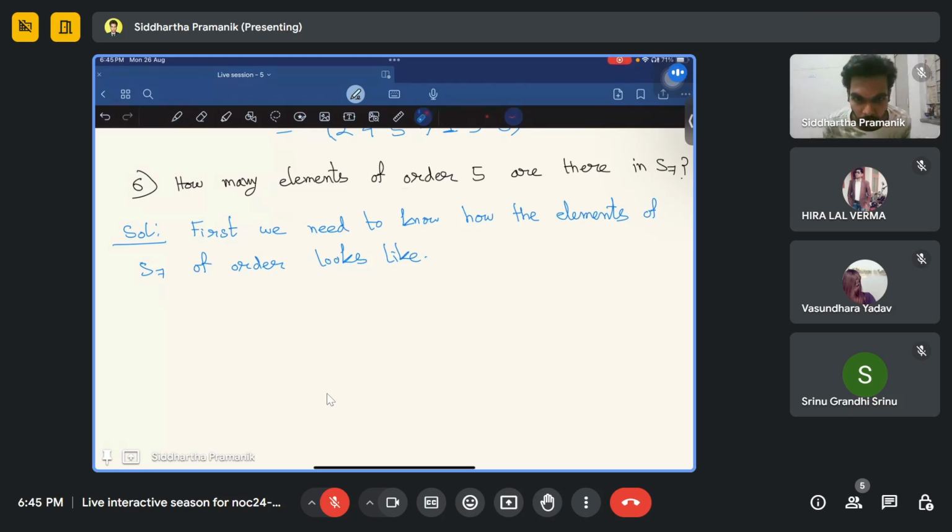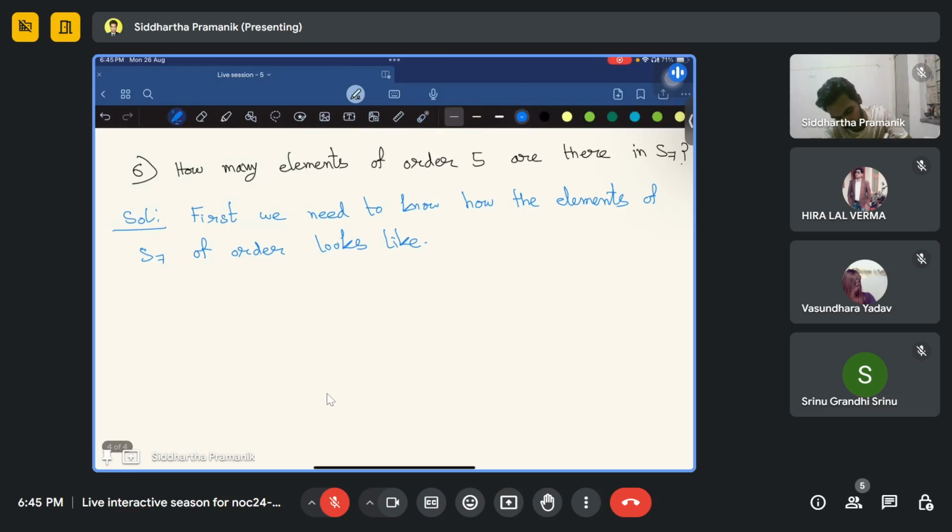We need to first look at that. So we need to determine their cycle structure. So if we write that element in disjoint cycle form, how can it look like?